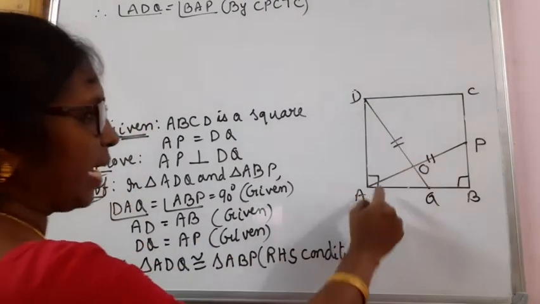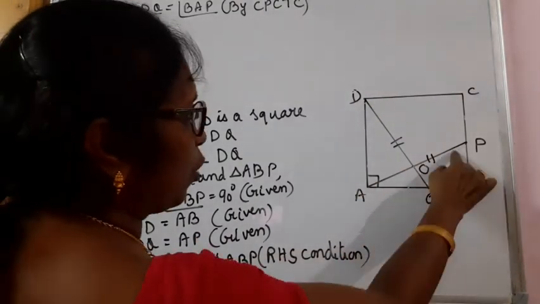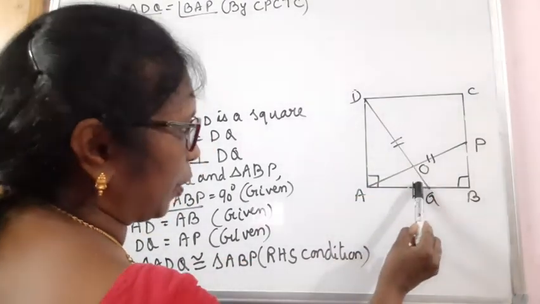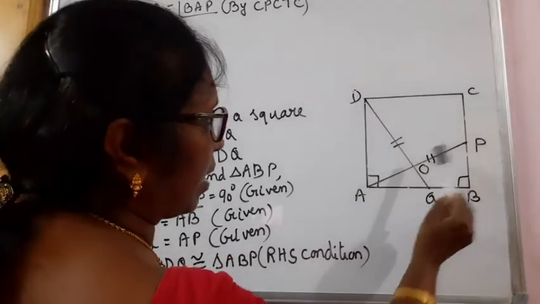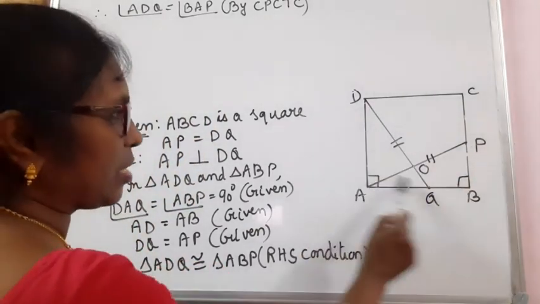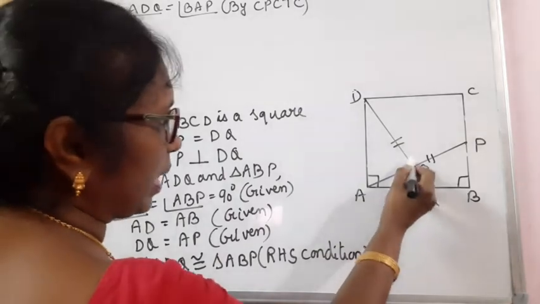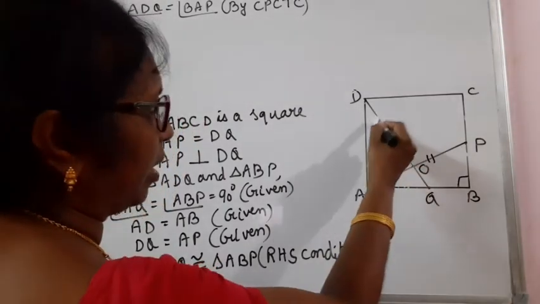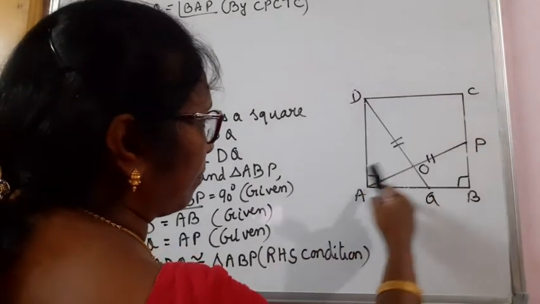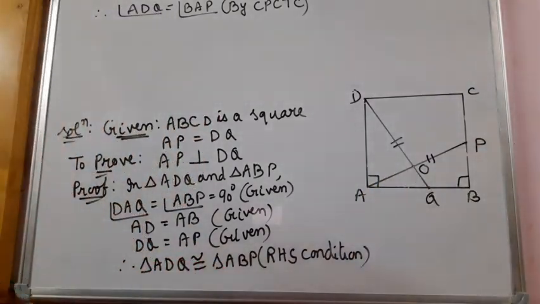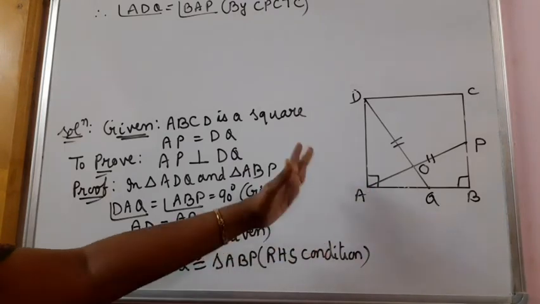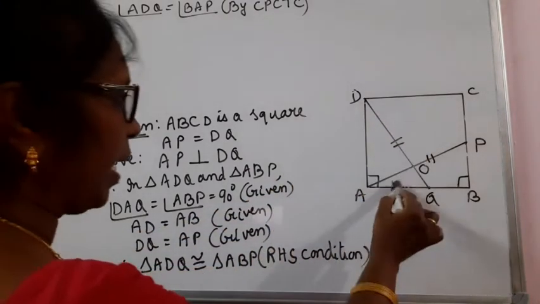We made AD and AB equal. Opposite to AB is this angle P, opposite to AD is this angle Q. Angle ADQ and angle PAB are corresponding angles of those two triangles, so these two will be equal.